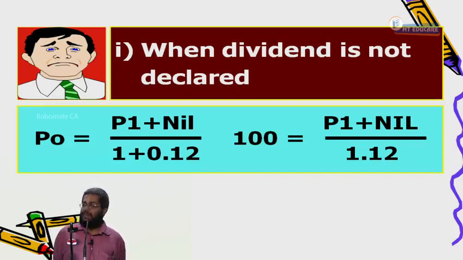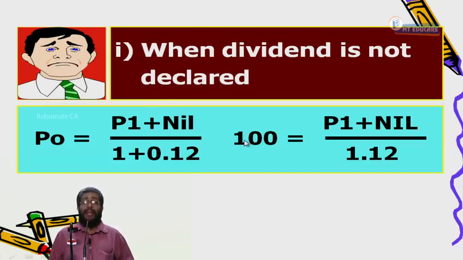And no dividend expected, so P0 is equal to P1 plus 0 divided by 1.12. 100 is equal to P1 plus 0 divided by 1.12. 100 is the face value of the share. True or false?